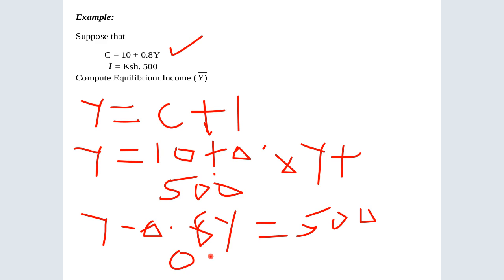So this 0.2Y should be equal to 500. Then, sorry, it's 510.